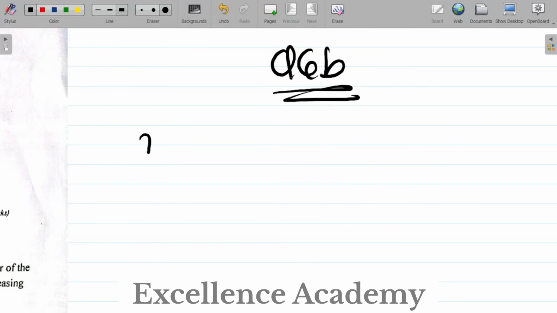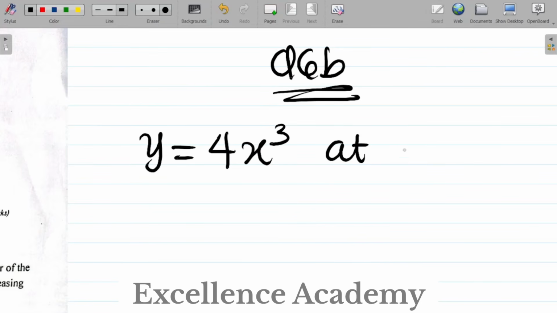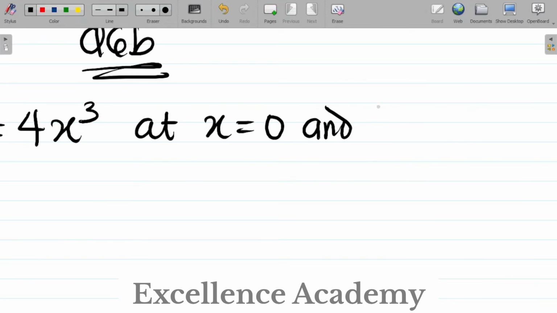The first thing there is that you're given y as equal to 4x cubed, and you're given x equal to 0 and x equal to 1. All right, so how do you solve this?